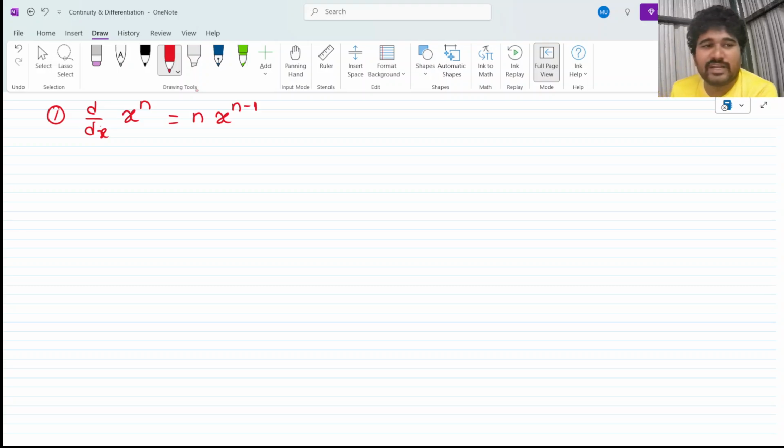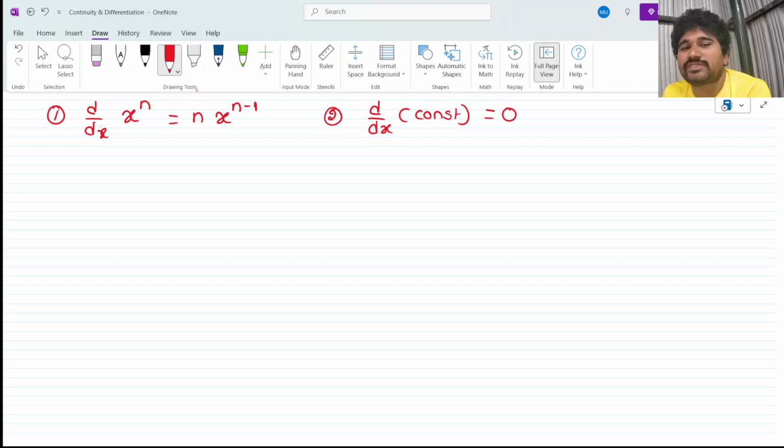Correct? Apart from this, we learned one more formula: d by dx of any constant. If the constant is alone, then its differentiation is 0.